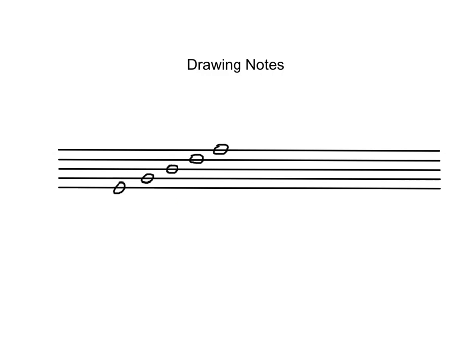There. Now when you draw notes on spaces, you want to be careful that you don't cross any lines like that. And again, if you make them too big, they start to look confusing. So that's not a good one. So let's erase that and try again.